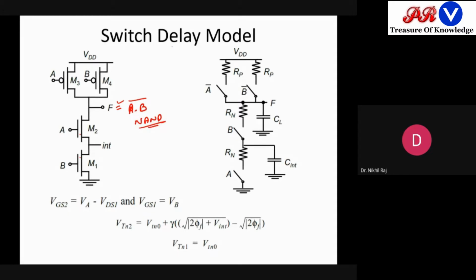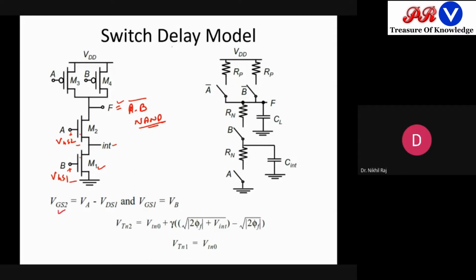For your information, when you operate in the digital mode, they operate in the linear mode. For example, let's see here. Taking the case of B1, let's say this is INT. What is VGS2 for this one? This is your VGS2, because M2 is here, and here it is VGS1.